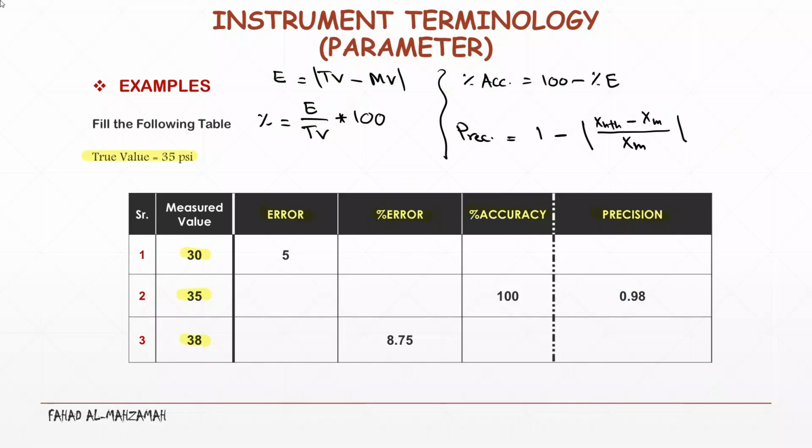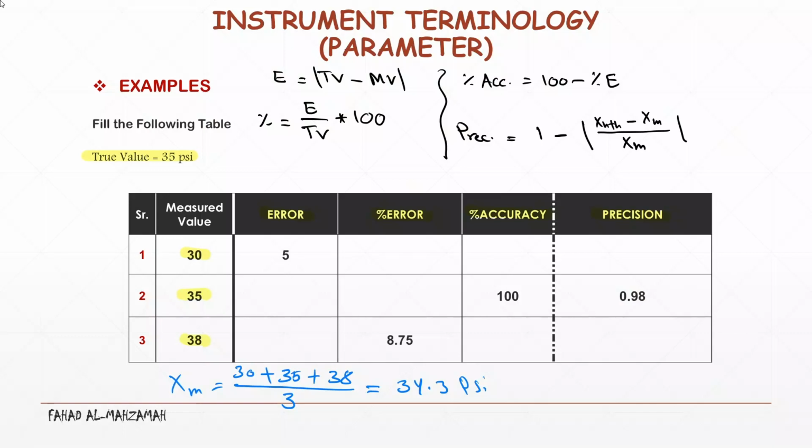So here xm is equal to 30 plus 35 plus 38, divided by 3, which is the number of measurements. The answer is 34.33 psi. This is the mean value, or the average of the measured values.